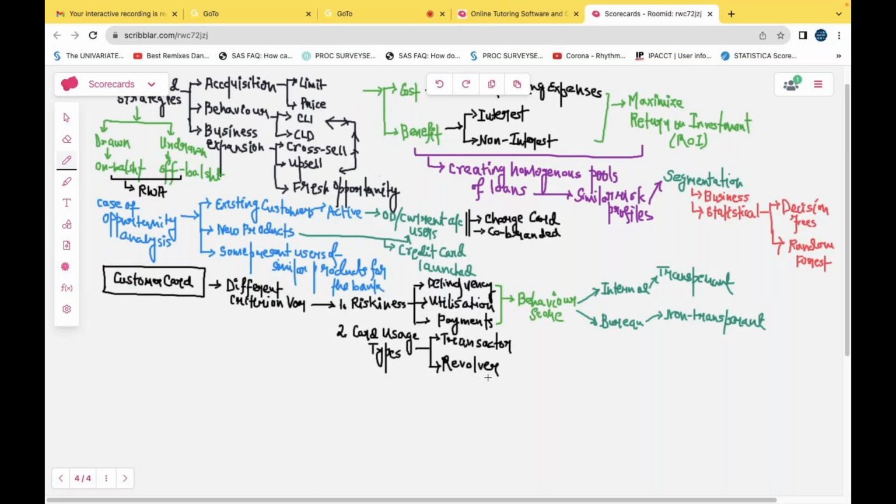So a transactor would be a person who uses the card and repays the entire amount before the cycle end, and hence there is no interest income that can be earned from the transactors until and unless a transactor chooses to shift to be a revolver. So the problem with the transactors over here would be that there is limited scope of interest income.